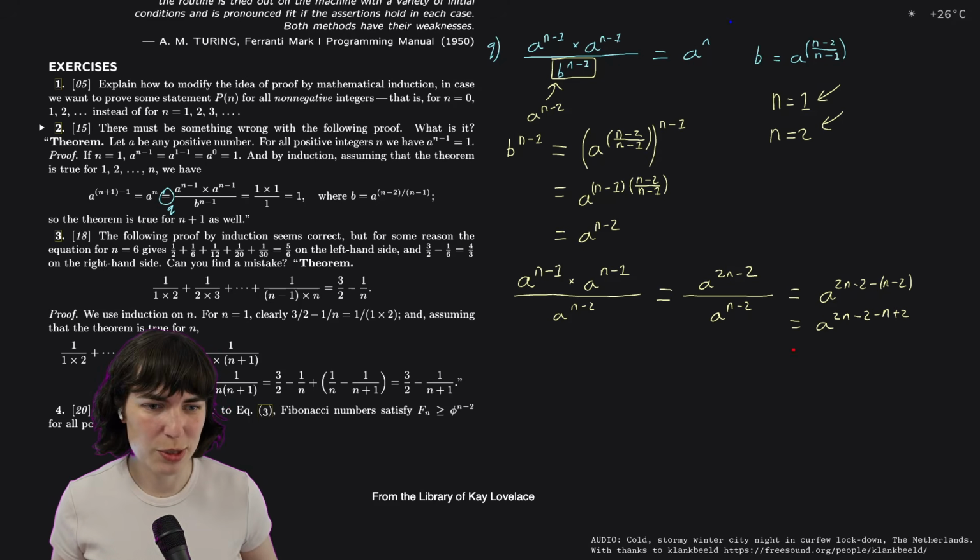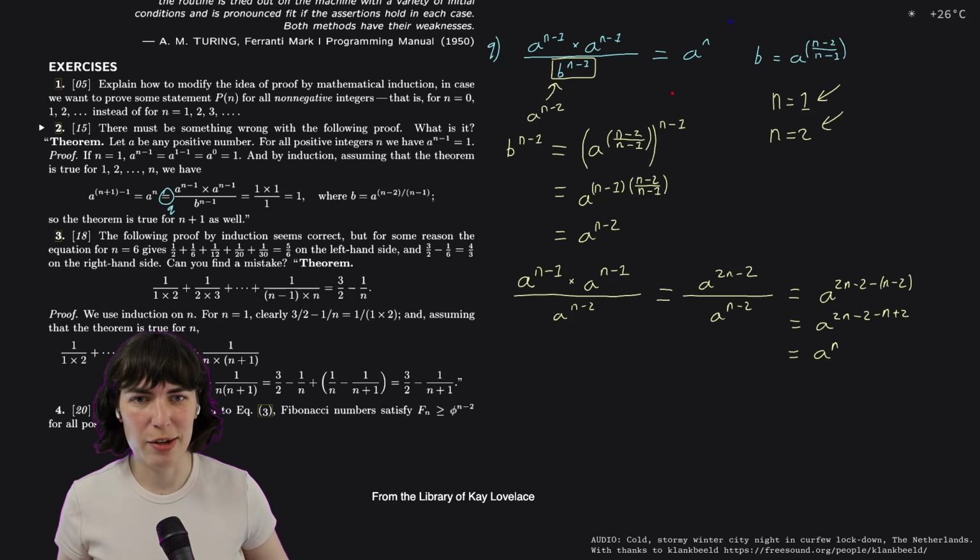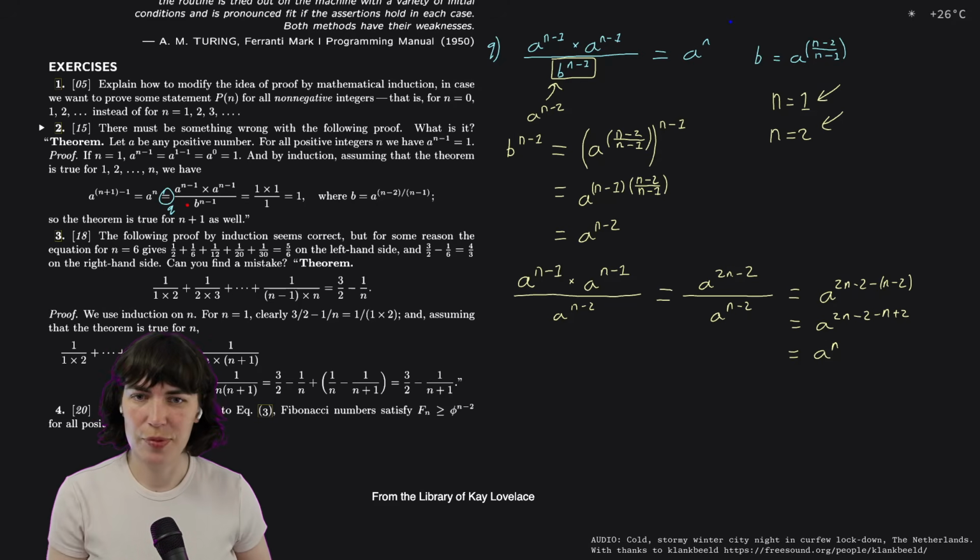Now if we look at this, we collect the n's: 2n minus n, so that's going to be n. And then we've got minus 2 plus 2, and so we've got a to the power n. So that's how come this works.